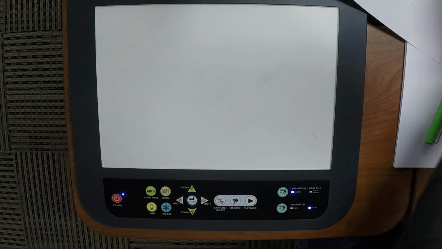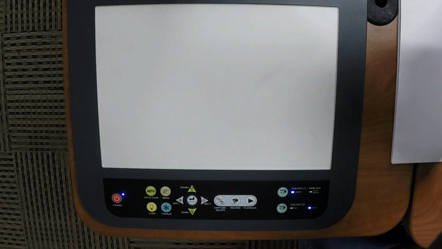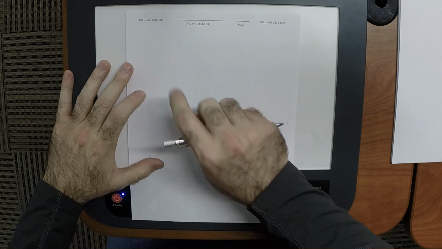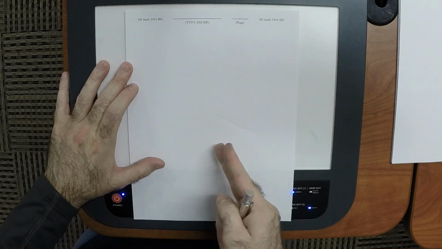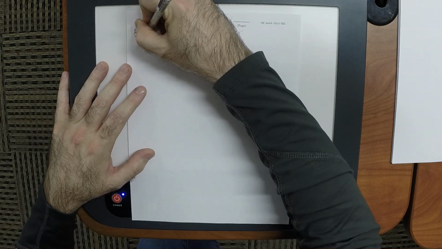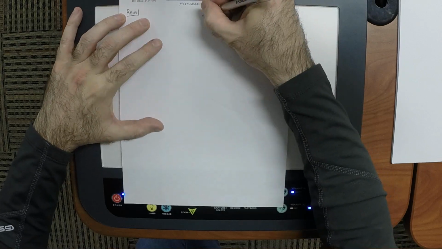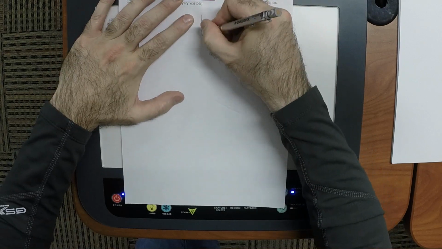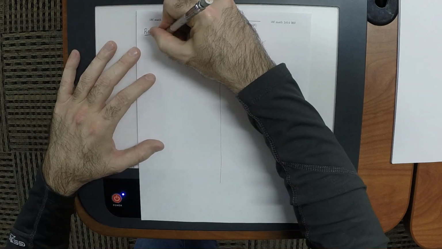Okay. So now, here's the main trick for today, the main idea. So I'm going to draw in two columns, side by side. So like this. So the left side is going to be rectangular.